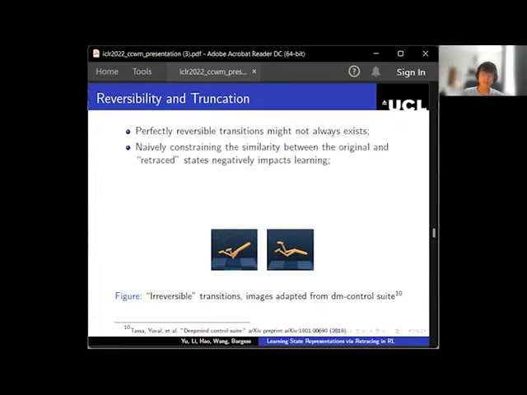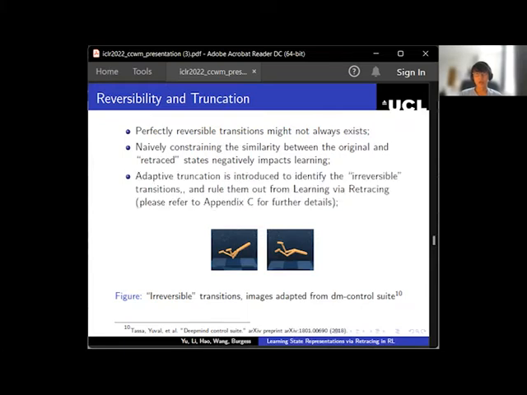So naively constraining the cycle consistency given such irreversible transitions could negatively impact the overall representation learning and model learning, obviously.